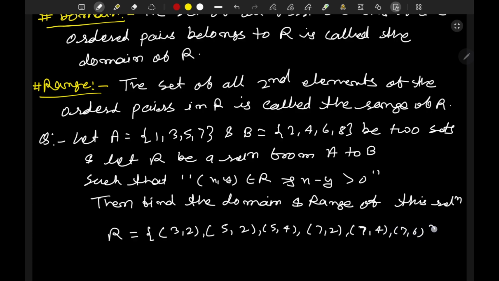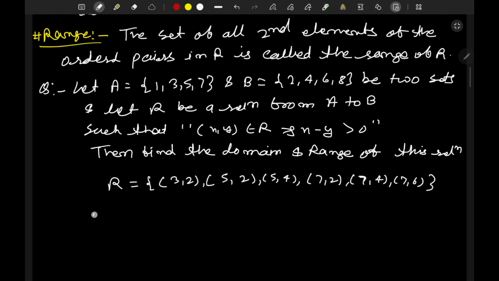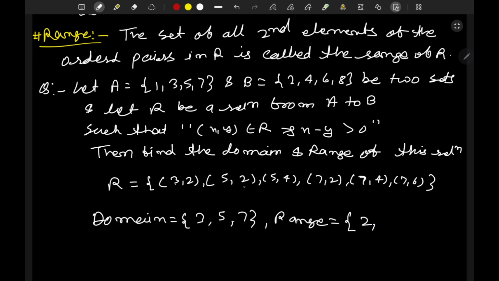Then the first elements give the domain: 3, 5 and 7. 5 appears two times but we write it only once in the domain. Now the range, the second elements: 2 appears multiple times but we write it once, so the range is {2, 4, 6}.